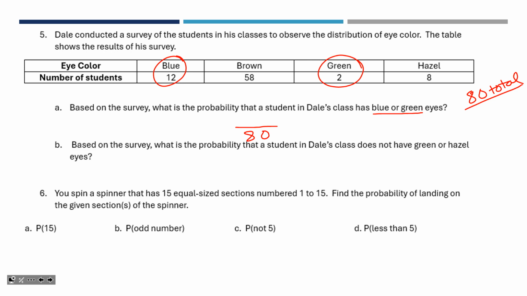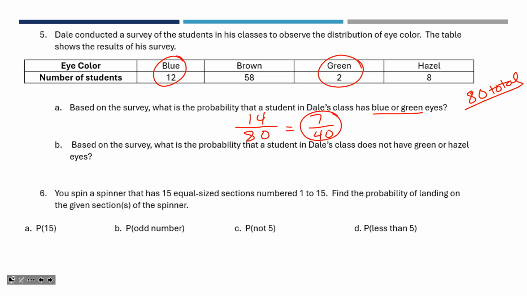So 12 plus 2 is 14. So there's a 14 out of 80 probability that a student in his class has blue or green eyes. And we can reduce this fraction. A 2 goes into both 14 and 80, so this will reduce to 7 over 40.